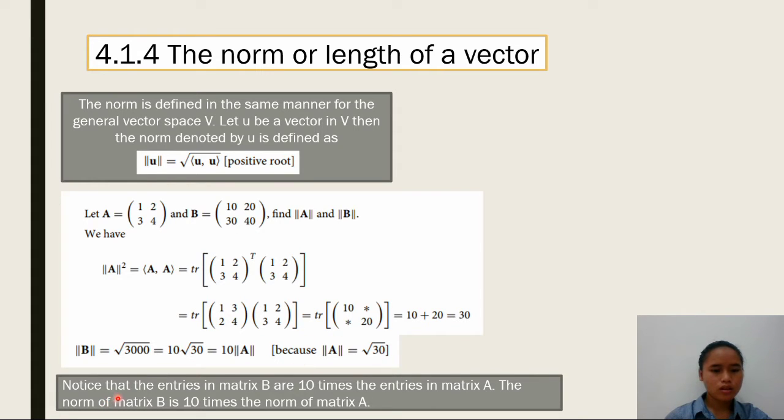Notice the entries in matrix B are 10 times the entries in matrix A. The norm of matrix B is also 10 times the norm of matrix A.